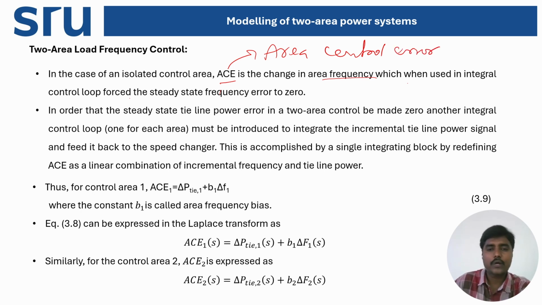ACE1 for control area 1 can be expressed as delta P tie 1 plus B1 into delta F1, where B1 is called the area frequency bias of control area 1. Similarly, the area control error signal for area 2 can be expressed as ACE2 equal to delta P tie 2 of S plus B2 into delta F2 of S.